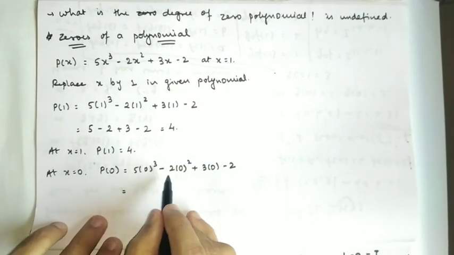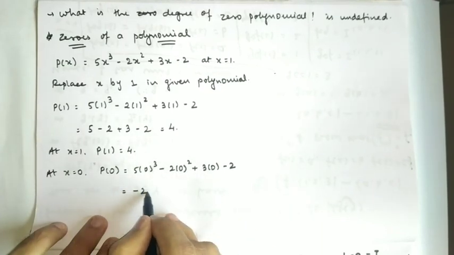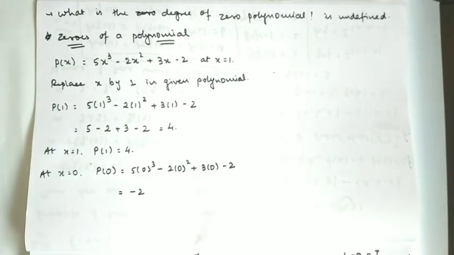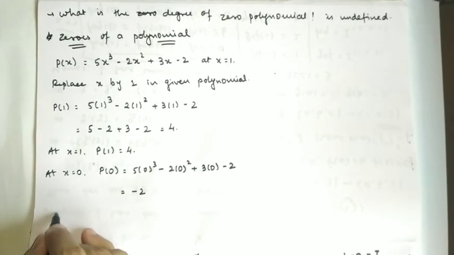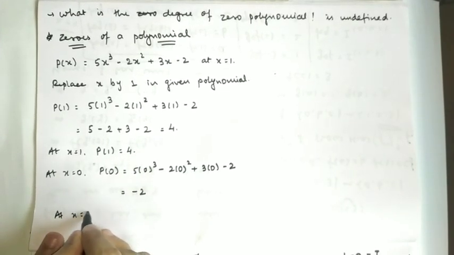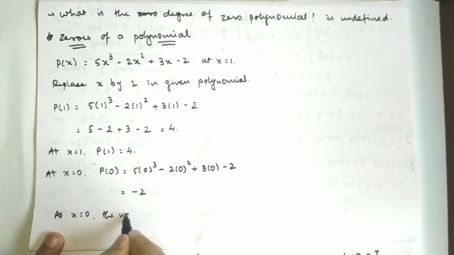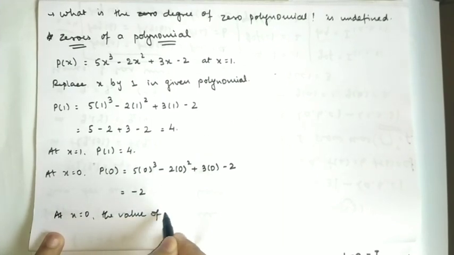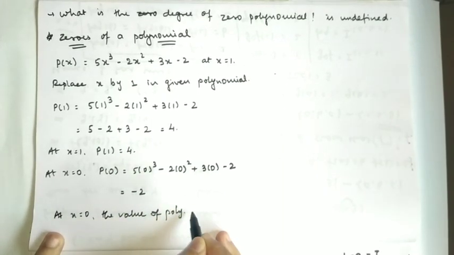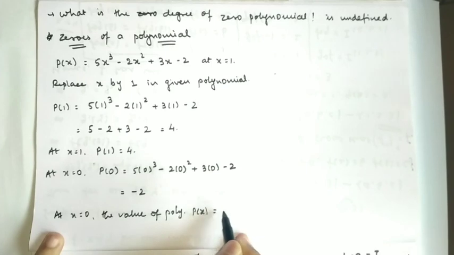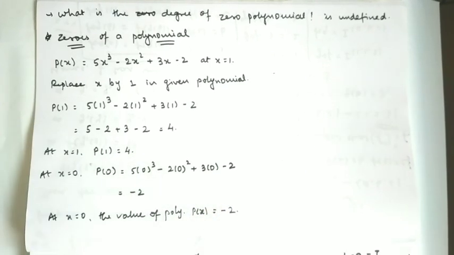So this becomes 0, 0, 0 and I am left with only minus 2. So by putting x equals to 0 in the given polynomial, the value of p of x at x equals to 0 is minus 2. Are you clear with this?